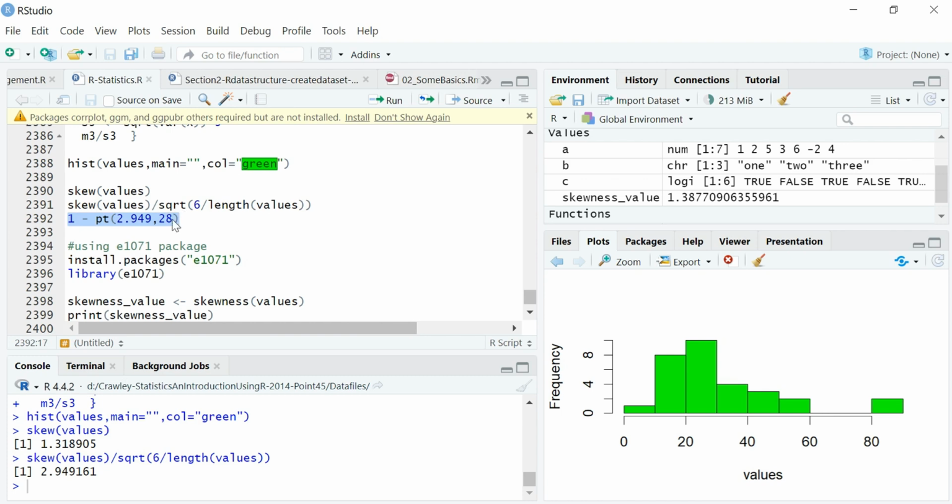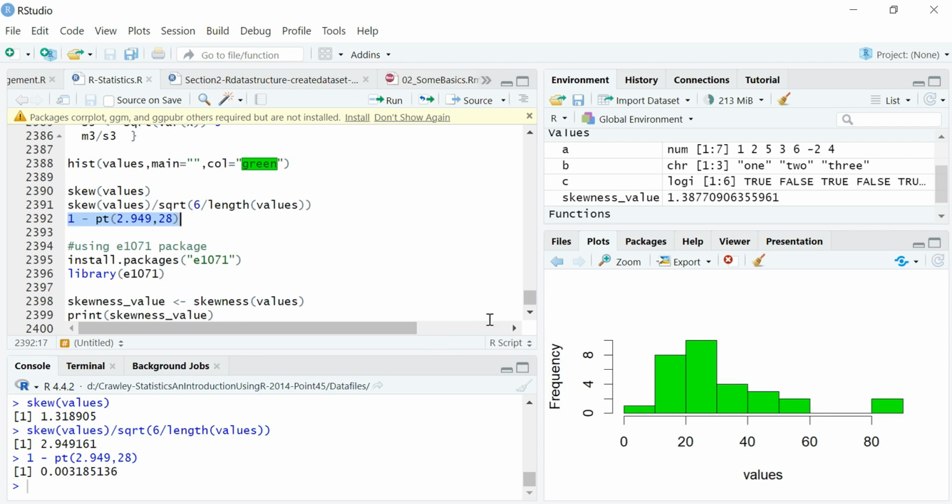Next, we can calculate the p-value. You can use pt. One minus pt gives the p-value on the right side of this value, because pt gives the cumulative probability on the left side, so 1 minus this cumulative probability is the p-value in the t distribution. This p-value is very small, lower than 1%, so it is highly significant.